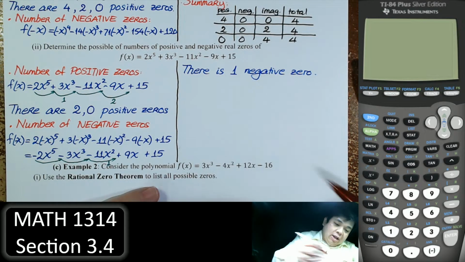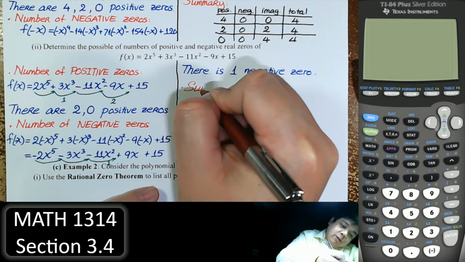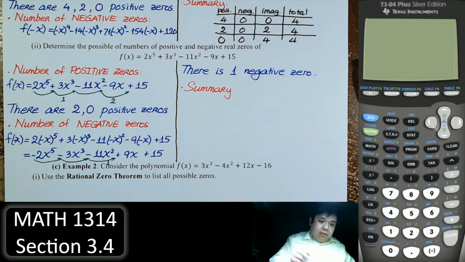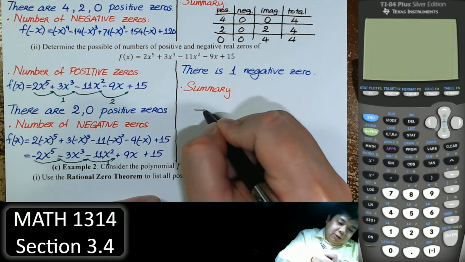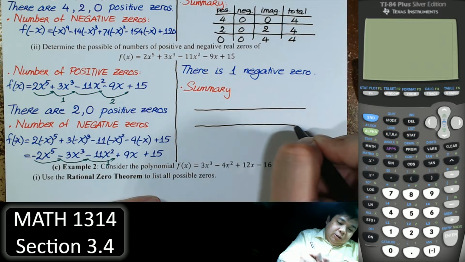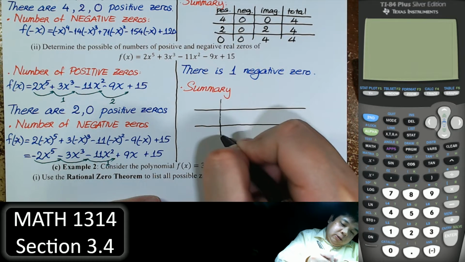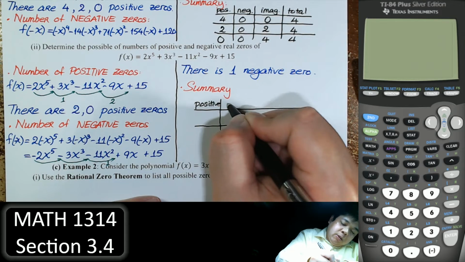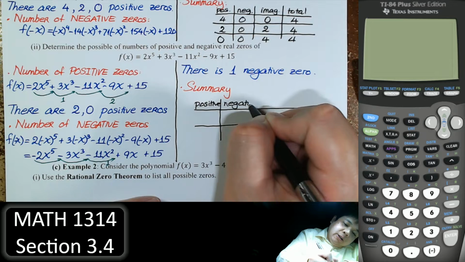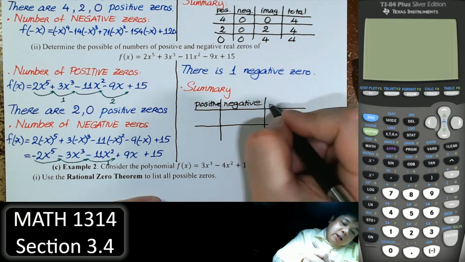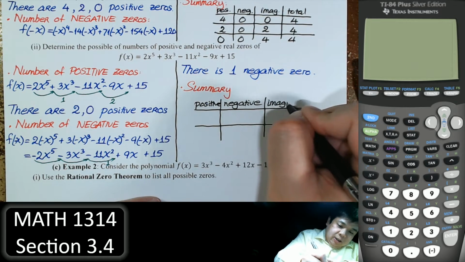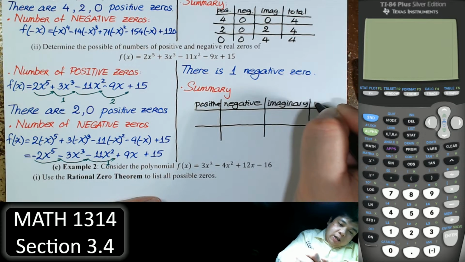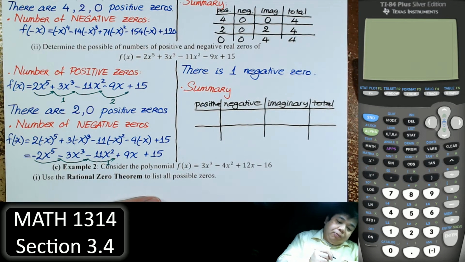Right, and with that we have a summary as follows. Positive, negative, imaginary, and total, right?